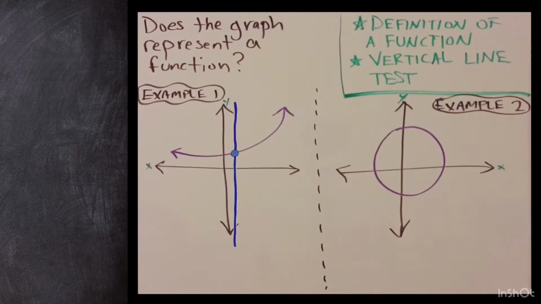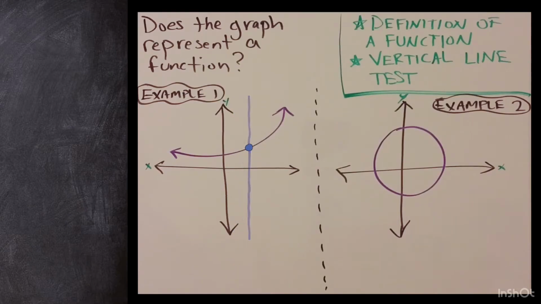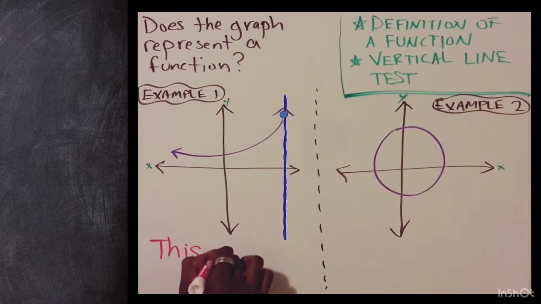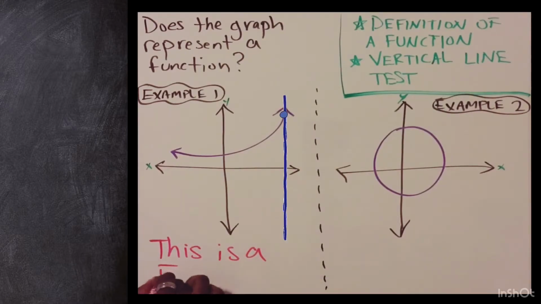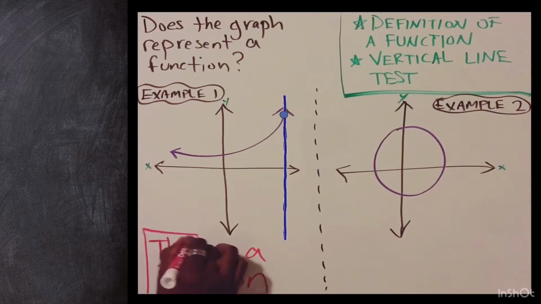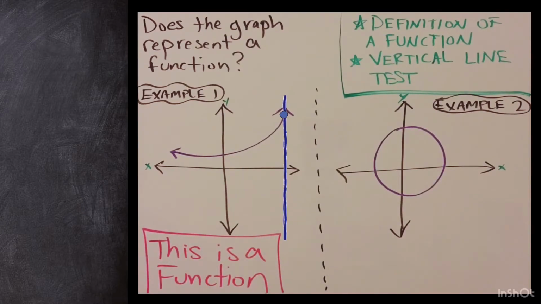No matter how far along we move this vertical line, there's only one point in which the vertical line meets the graph. So our answer is clear that yes, this is a function. And that is our answer.